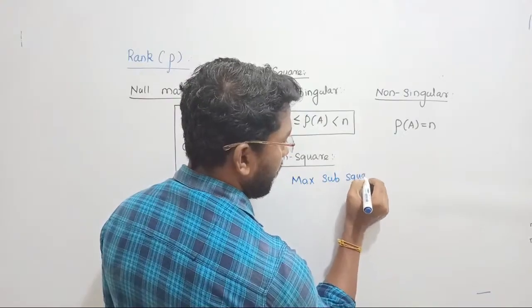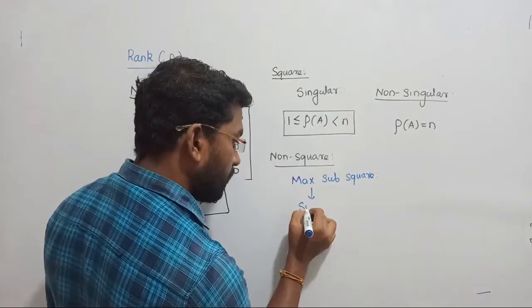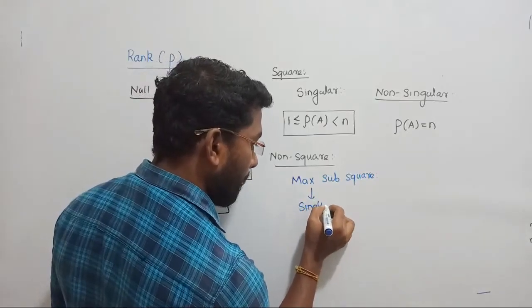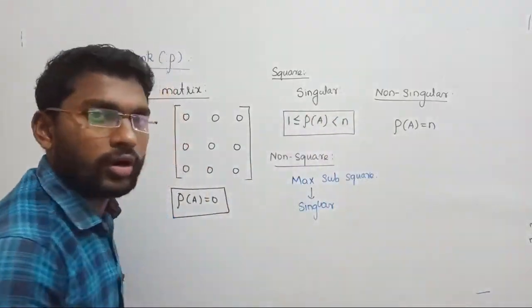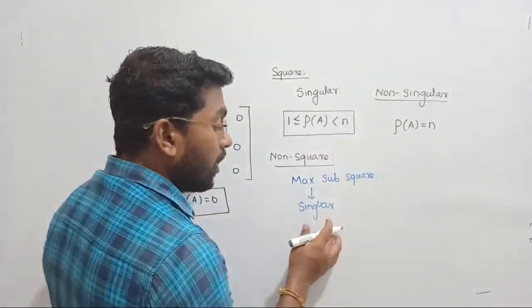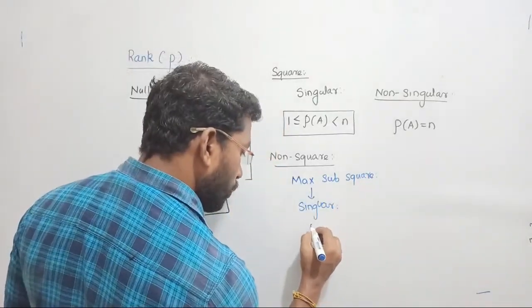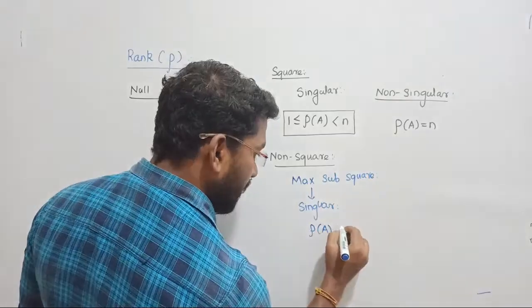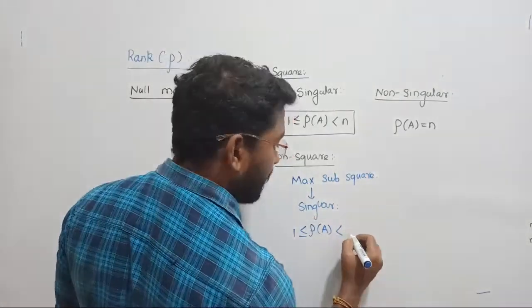Maximum subsquare matrix வந்து நீங்க செக் பண்ணும்போது if it is singular, if your maximum subsquare matrix is singular, maximum subsquare னா maximum 3 plus 3, 4 plus 4 அந்த மாதிரி கொண்டு வர முடியல, அது கொண்டு வந்துட்டா அது singular matrix ஆ இருந்தது அப்படினா, if it is singular, then I only told you just select the rank of the matrices, right?